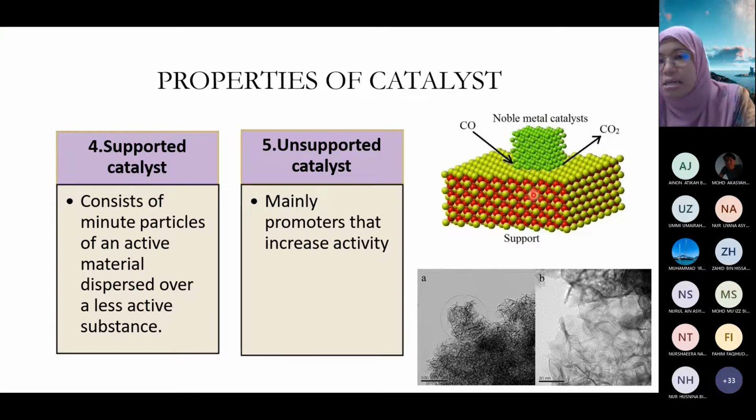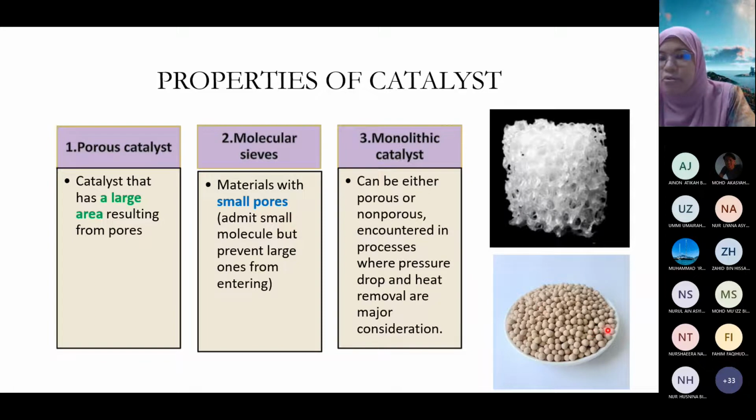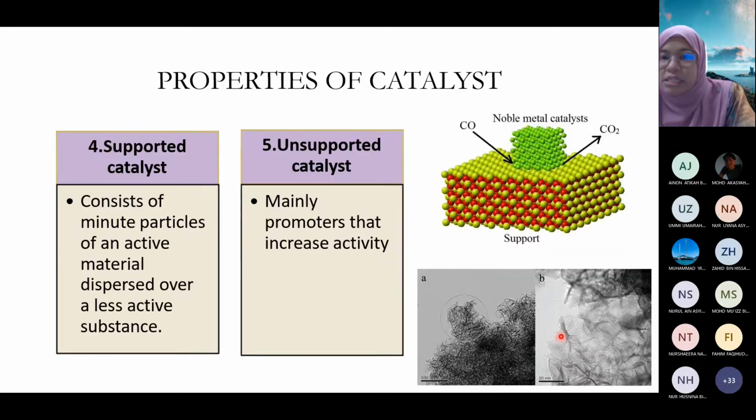So we call it a supported catalyst. For unsupported, it is without any support. Let's say this is alumina. Alumina without support, you can leave it as this and just apply it in your reaction. So there is no need for another process to attach it with another metal to become a supported catalyst.